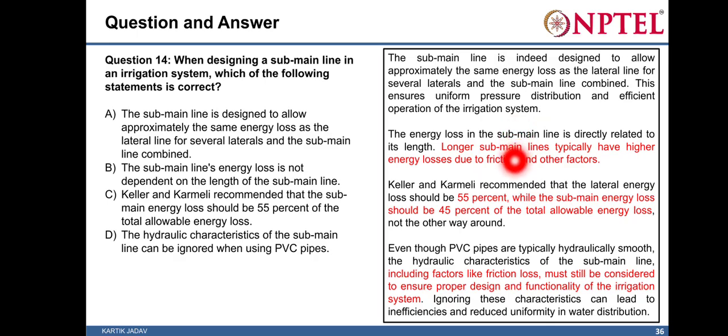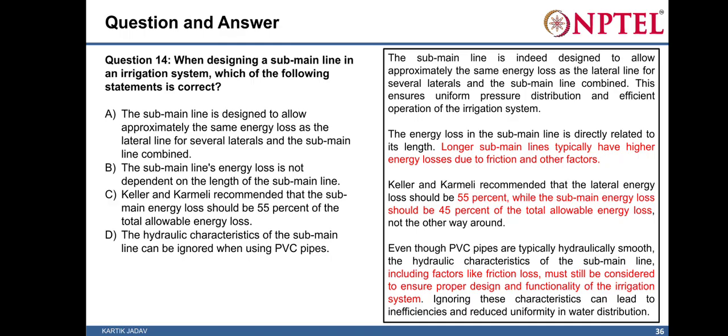Energy loss in a submain line is directly related to its length, and longer submain lines typically have a higher energy loss due to friction and other factors. So Kaler and Carmelli recommended that lateral energy loss should be 55%, while submain energy loss should be 45%. Okay.